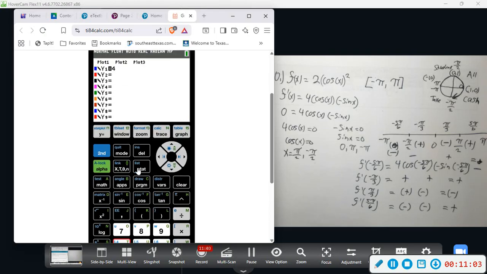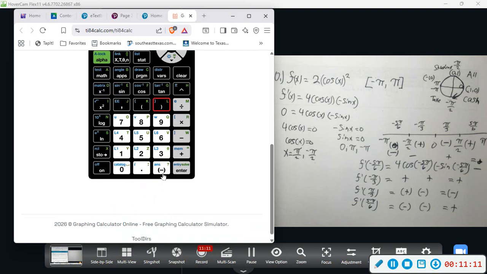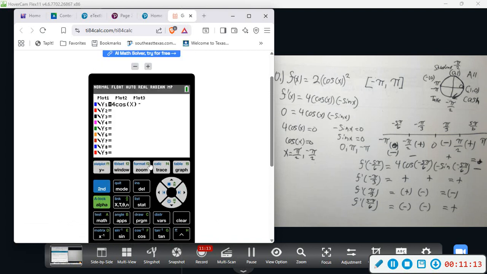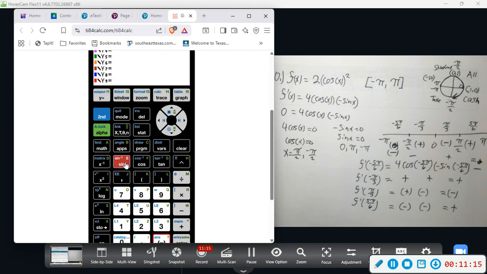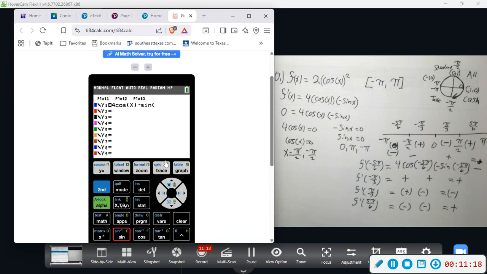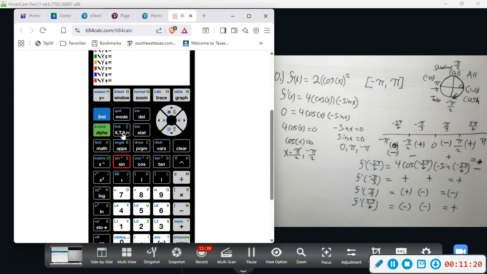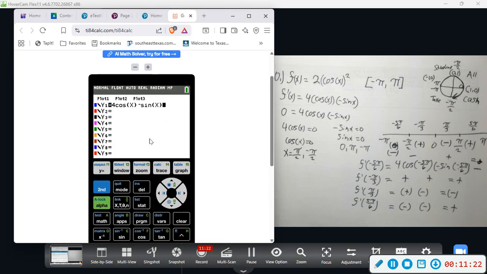So 4 cosine x, and then negative sine of x. All right, so I'm going to graph it. I really don't have to see the graph. I just graph it so I can type in values.